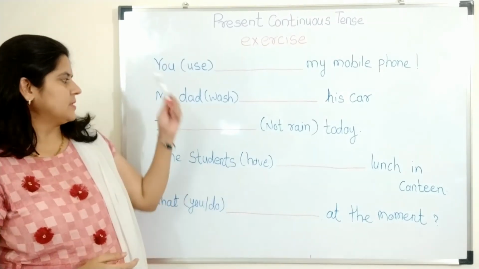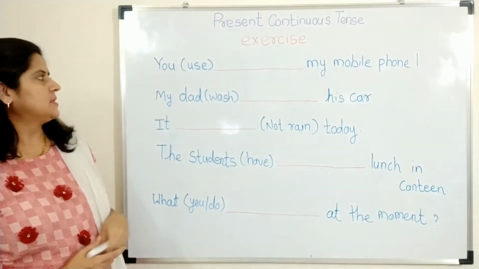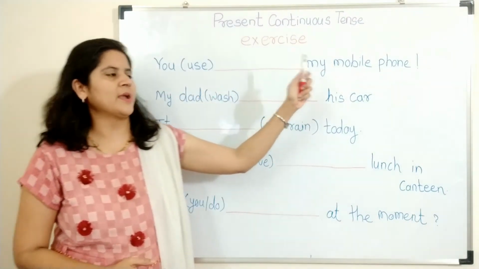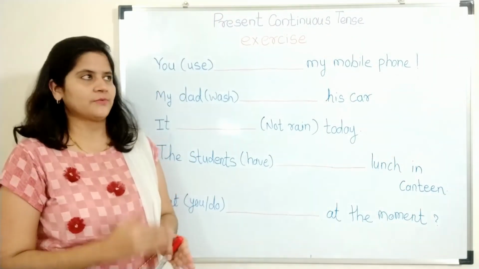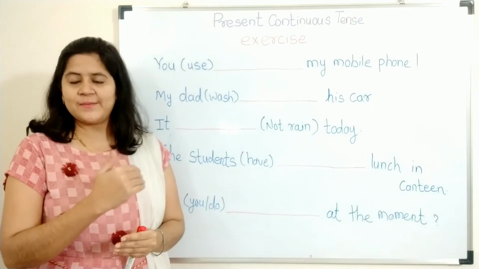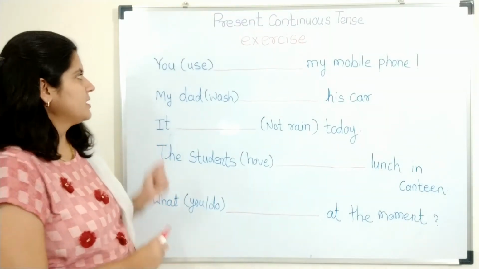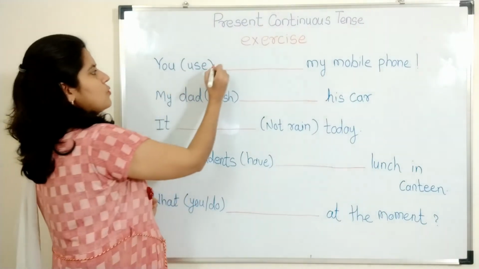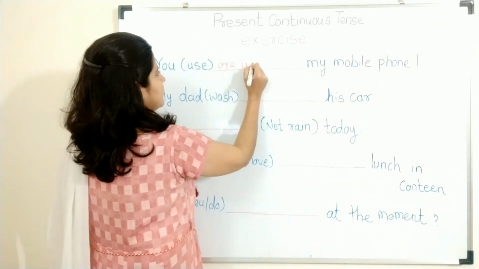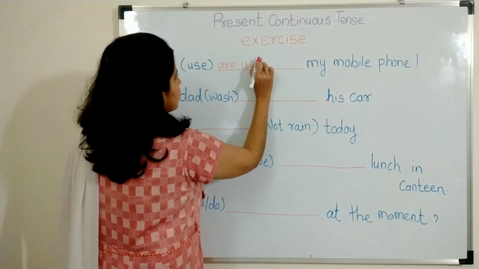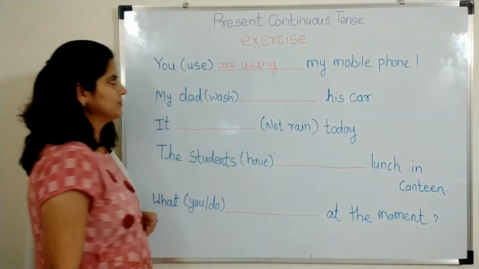Here are some examples we have to solve. First example: you dash use my mobile phone. The rule of the continuous tense is subject plus is plus V-ING plus object. So what will come here? You are using my mobile phone.